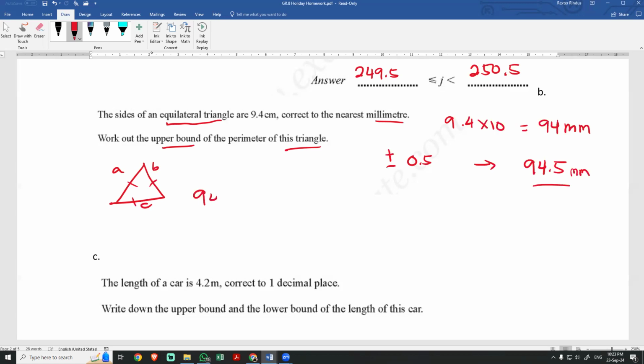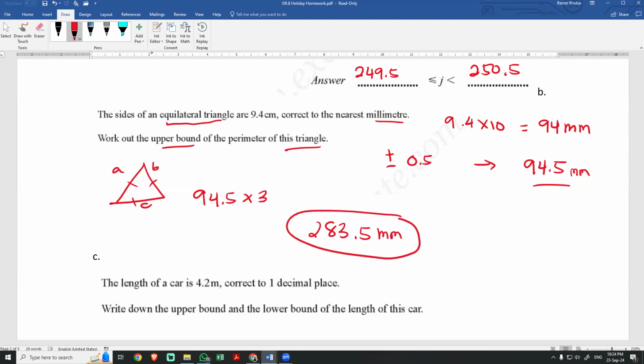So that's 94.5 times 3, which gives a value of 283.5 millimeter.